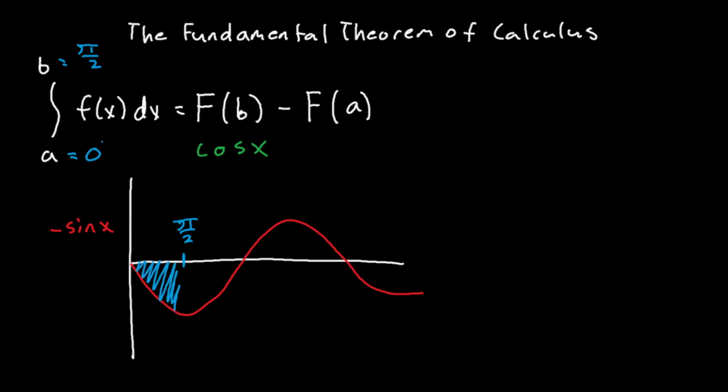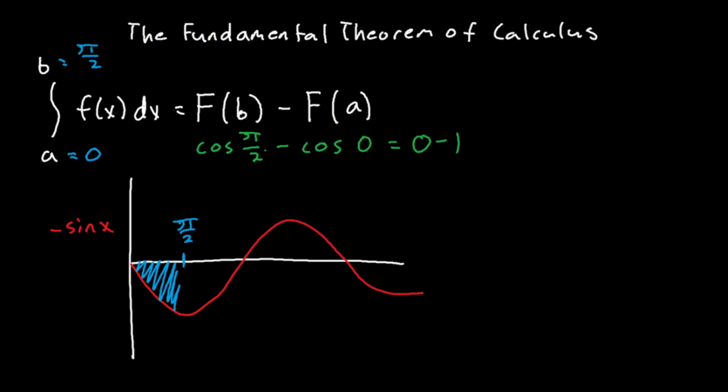It doesn't in the case of this trig function. 0 actually gives you the area properly, but basically what's happening is if you plug in pi over 2 for your antiderivative cosine of x for the function negative sine of x, so let's say we plugged in cosine of pi over 2, our upper bound first, and we subtract it from the lower bound, we actually get 0 minus 1, because the cosine of pi over 2 is 0.